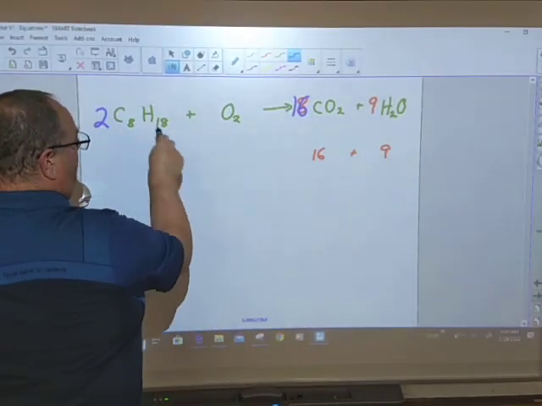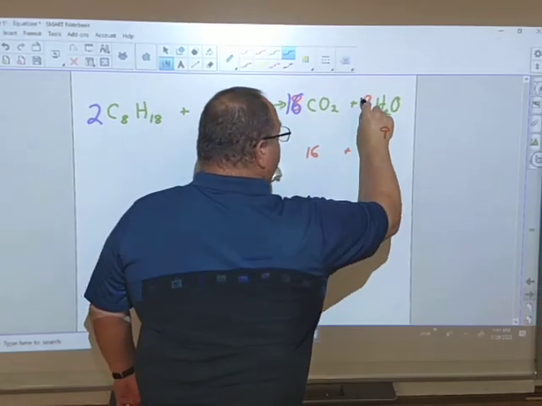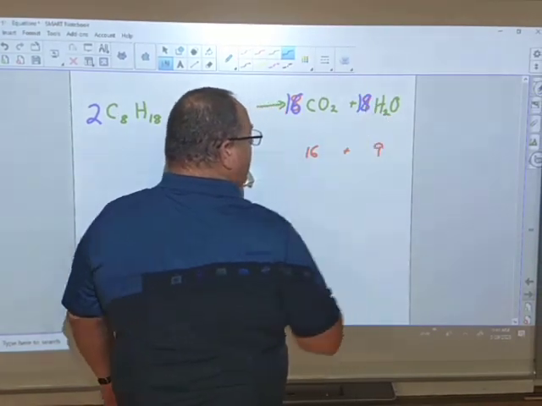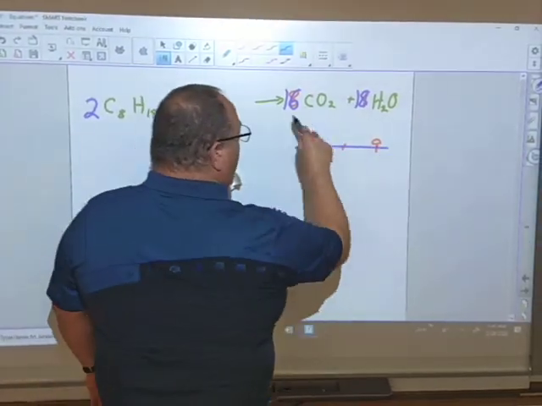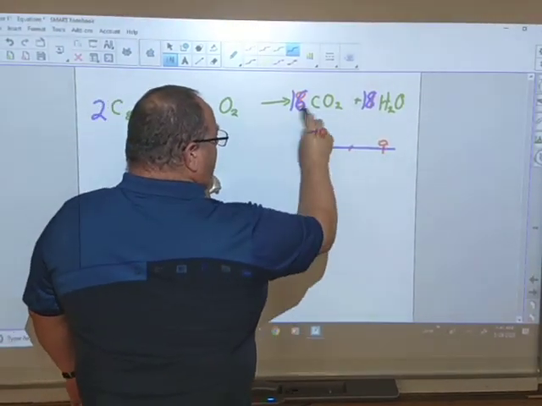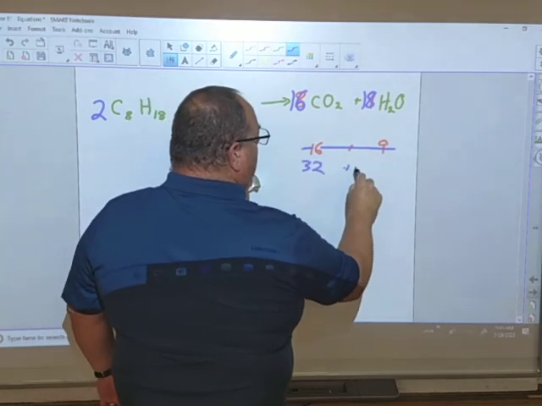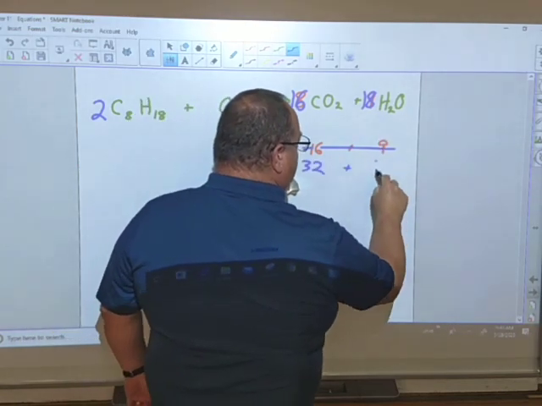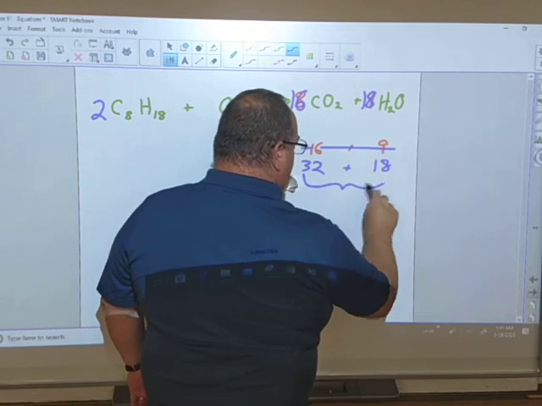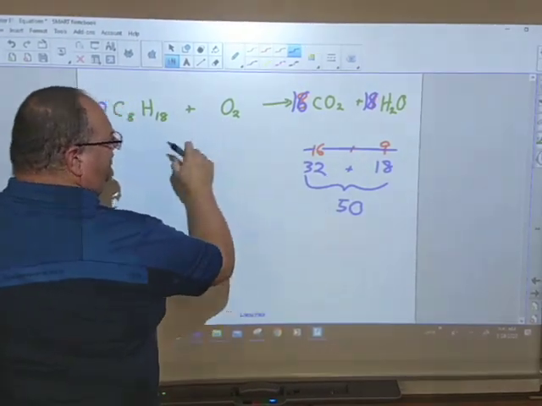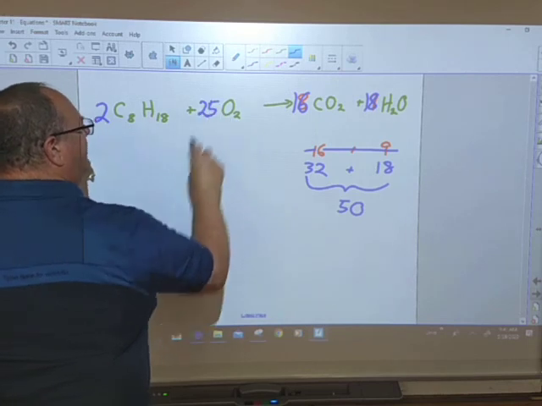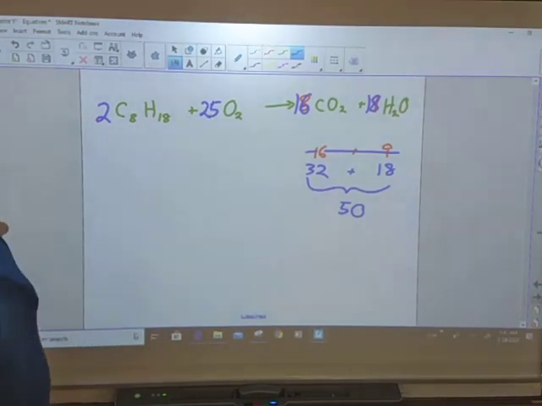And that's going to make 36 hydrogens, so I'm going to make that an 18, because 18 times 2 is 36. And now that's going to change my oxygen here to, let's see, 2 times 16 is 32, and 1 times 18 is 18, and that's a total of 50. And 2 does go into 50 evenly. I can have 25 oxygen molecules.